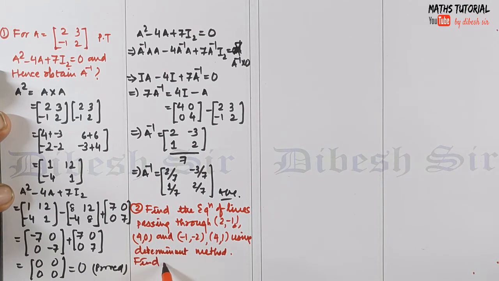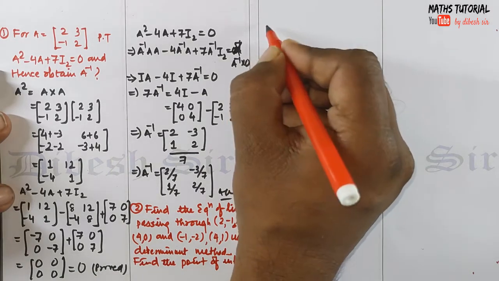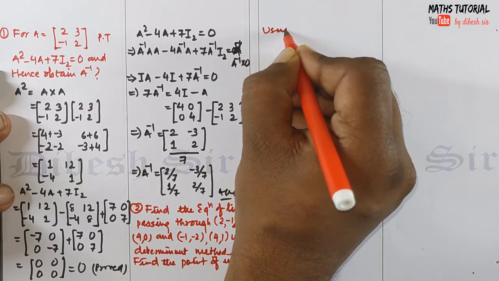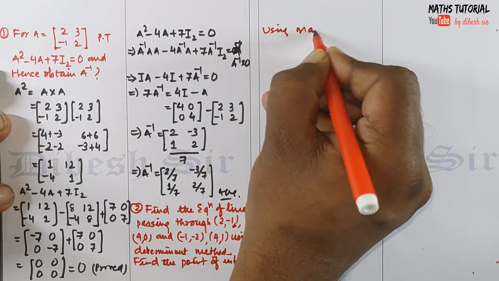Find the point of intersection using matrix method.